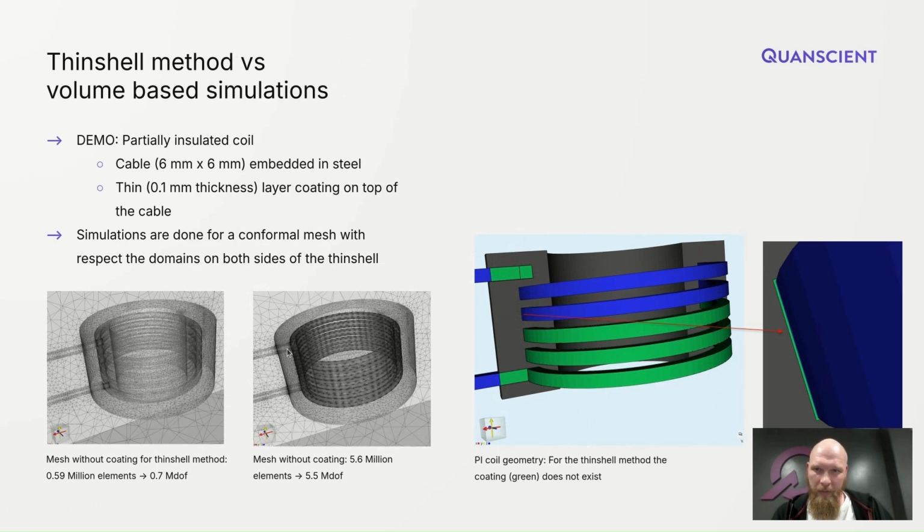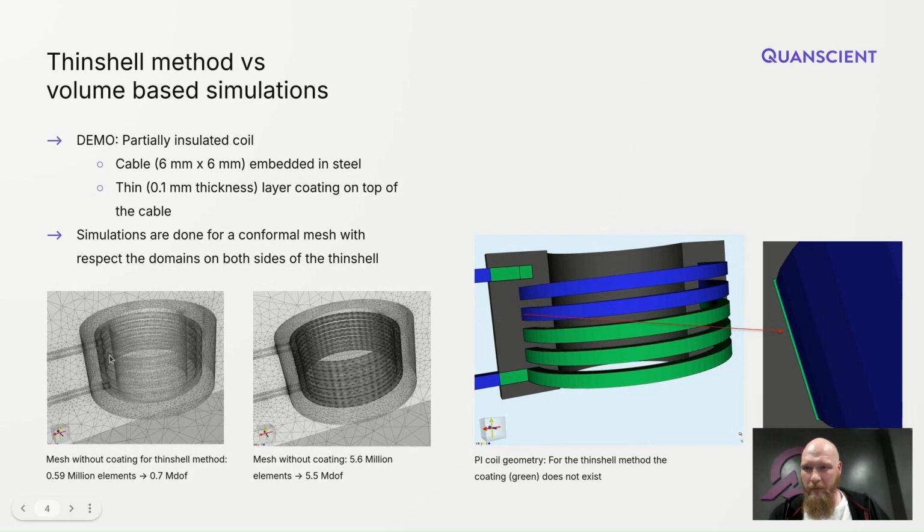You can see that for the volume-based approach, where we really have the actual volume present, we need a very fine mesh also in the cable in order to have a decent mesh in the thin layer.